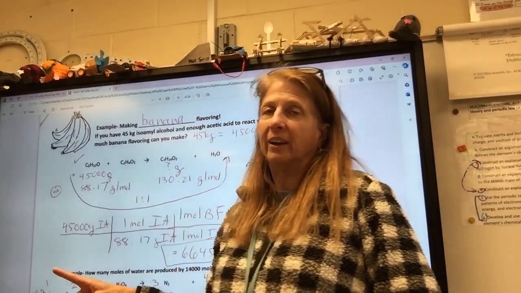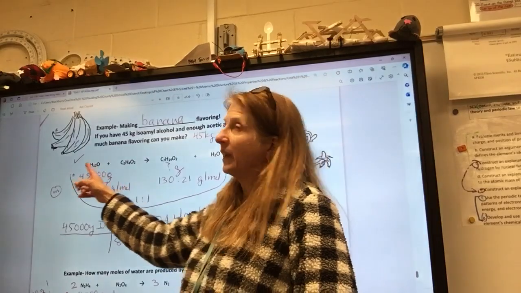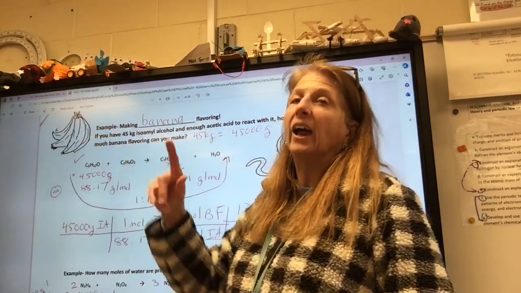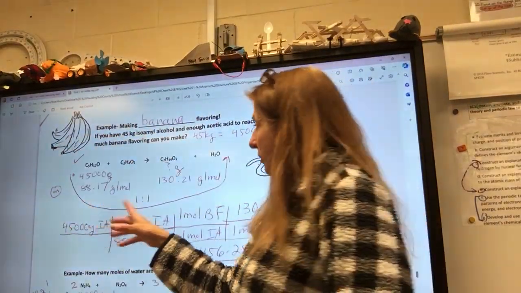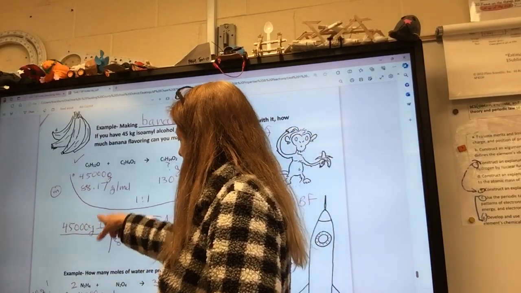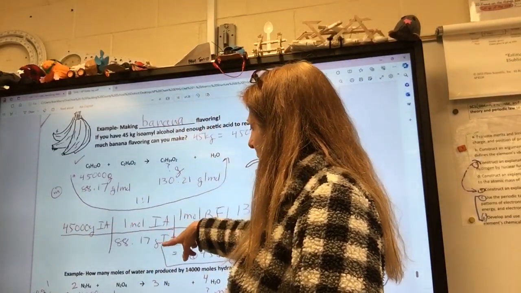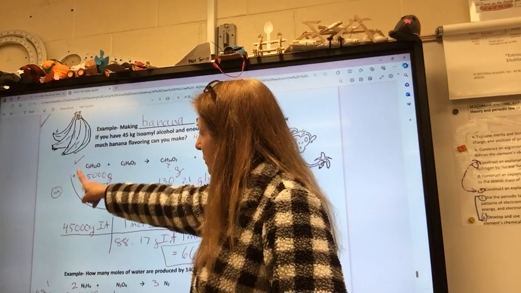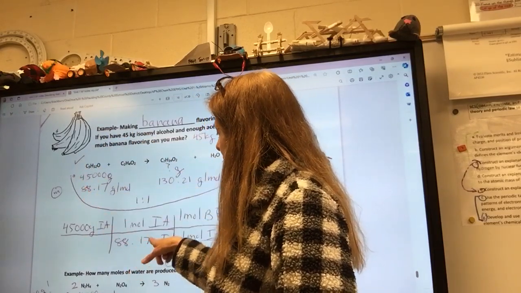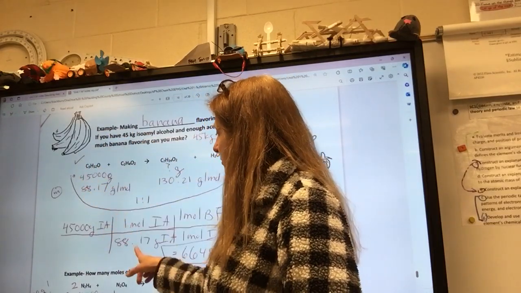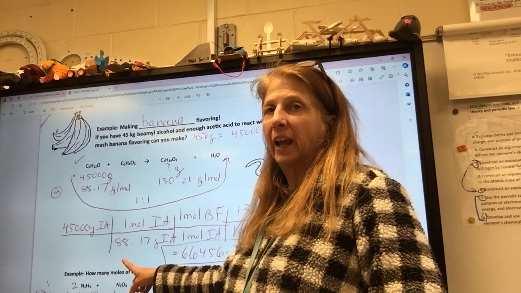I abbreviated it IA. In college, you'll probably have to write out the formula. And on the AP test, you'll have to write out the formula. I push the grams of isoamyl alcohol to the bottom, and then I go around my U, and I notice that grams are right there, so that goes down here in this denominator.